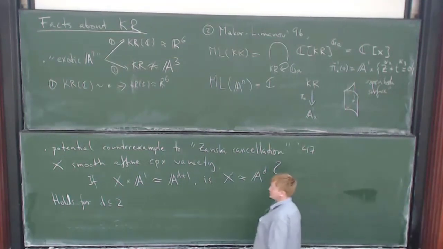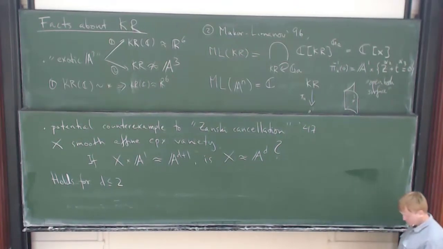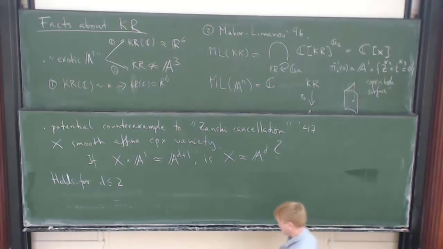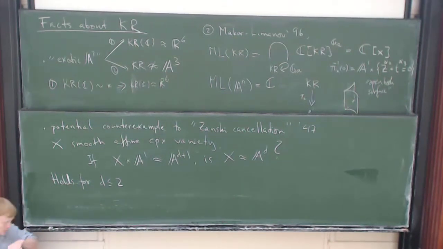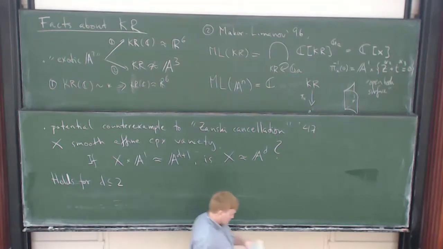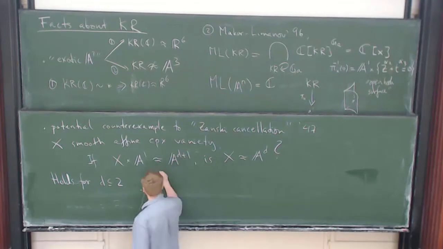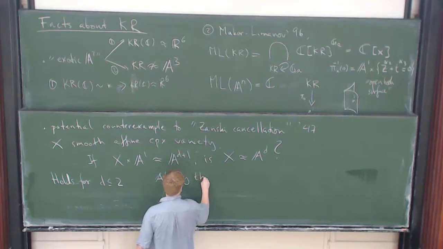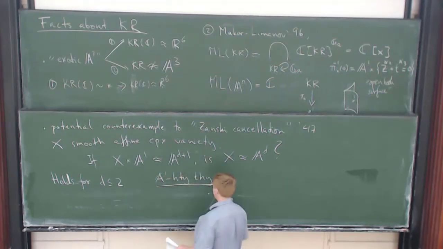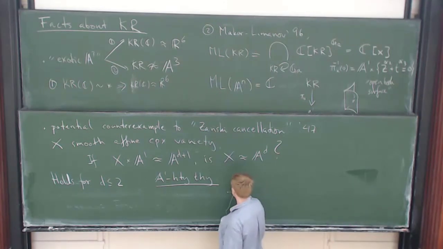of course, this is closely related to A1 homotopy theory. So let's just briefly try to recall how A1 homotopy theory is constructed. So, a little bit about A1 homotopy theory. Okay, so a good starting point is the category of smooth schemes over the complex numbers.